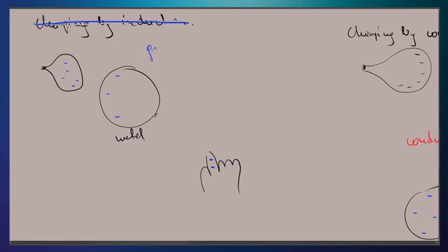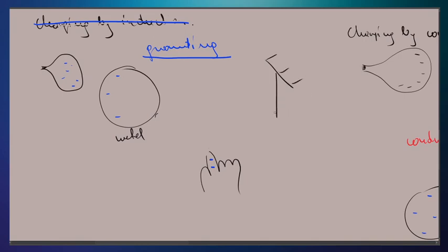This was just grounding. To ground something means to provide a path for the excess of charges to move away. So let's say I have some kind of an object. Let's say I have an antenna. Let's see if I can draw an antenna. Good enough.